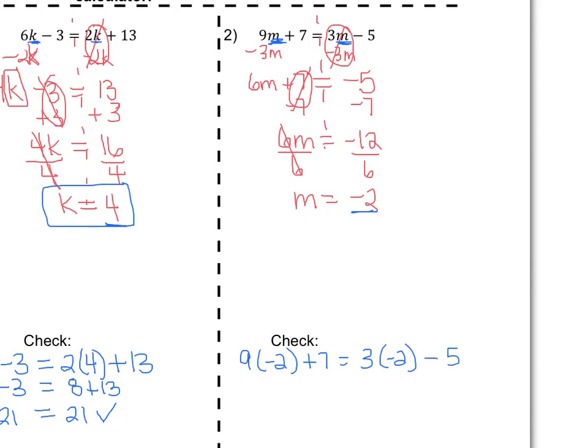And so let's check it. 9 times negative 2 is negative 18 plus 7 equals 3 times negative 2 is negative 6 minus 5. Well, negative 18 plus 7 is negative 11, and negative 6 minus 5 is negative 11. So it does check out, therefore we know this is our answer.